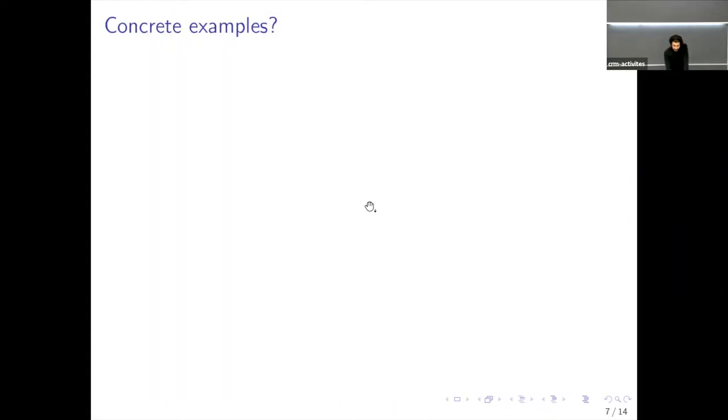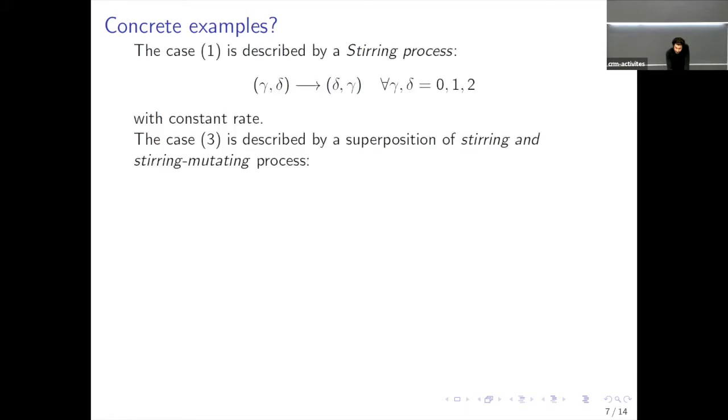Let me give some concrete examples. For the totally decoupled case, the process that describes it is the so-called stirring process. The stirring process is a process where the configurations of a pair of sites are just exchanged: we start from gamma delta and we arrive at delta gamma.